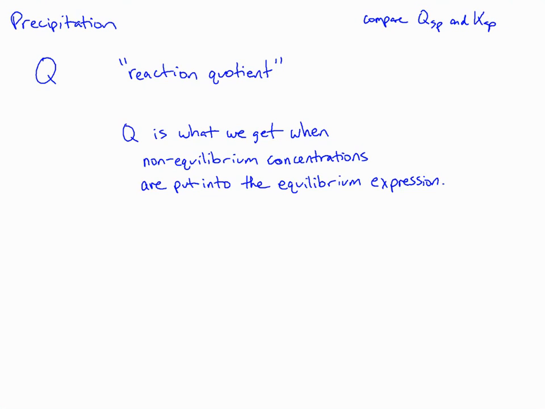But this is the first time that Q ever comes up in this class, and so we need to talk about Q. Q is generally called the reaction quotient. More helpful, Q is what we get when we put non-equilibrium concentrations into the equilibrium expression.